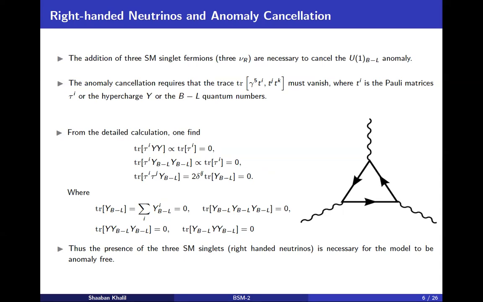So for example, if you take the hypercharge gauge boson B mu, you need B mu, B mu, B mu. This is the Standard Model. And at the tree level, the singlet fermions, the right-handed neutrino, are not coupled with them. So this remains as in the Standard Model, so it cancels.